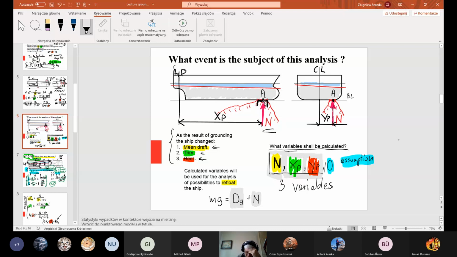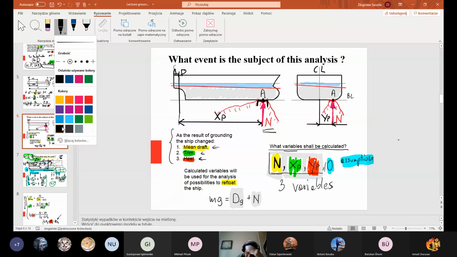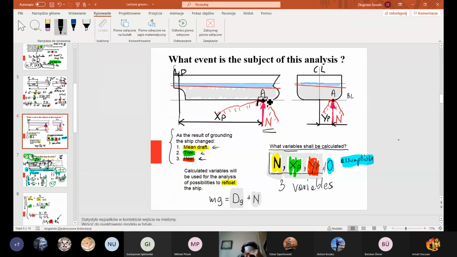So instead of the force that acts between the ground and the vessel, we will take it that a weight, which is placed at the coordinates of the point of action, somewhere here, has been discharged.